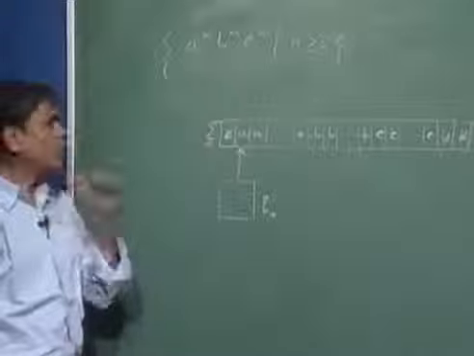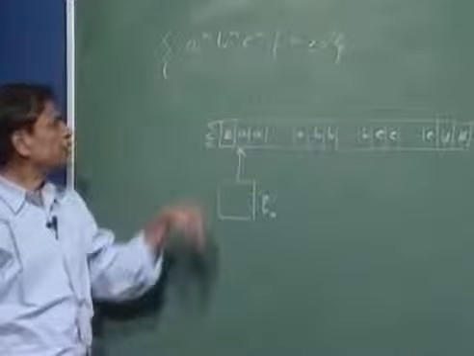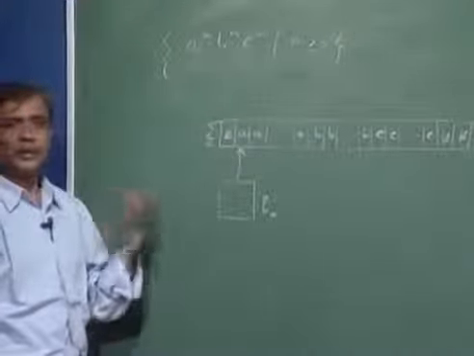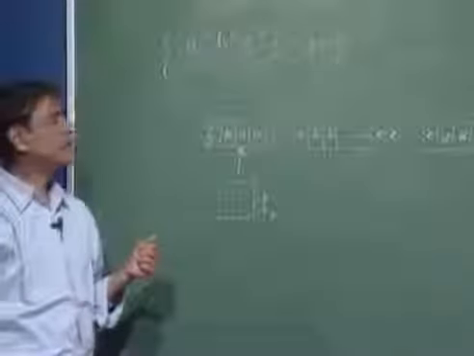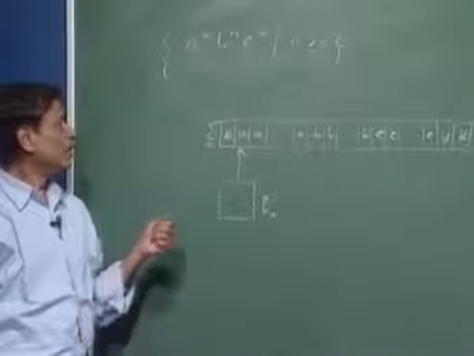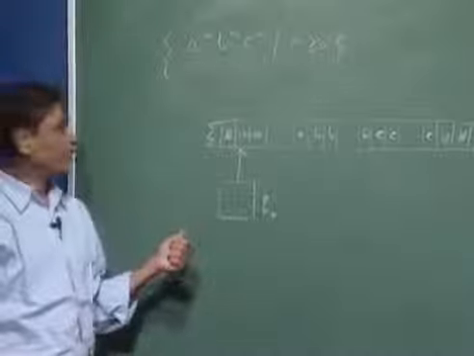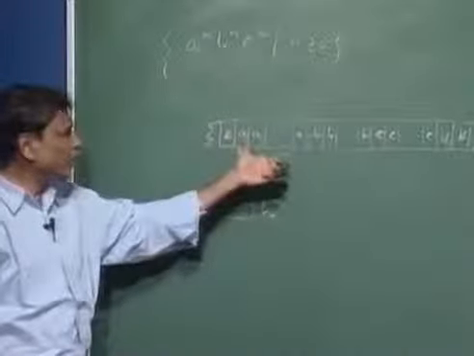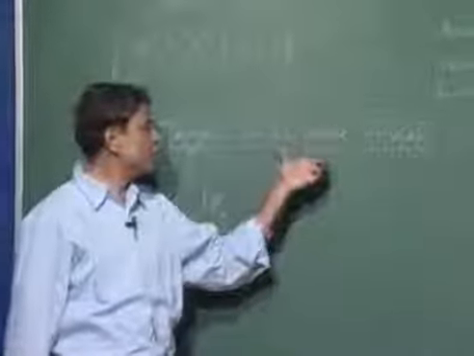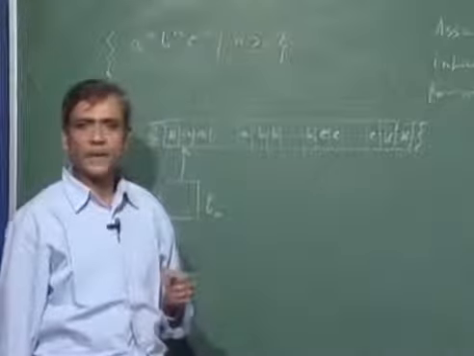Right. So, how would such a device do this task of verifying that the number of A's is the same as the number of B's and the number of C's?